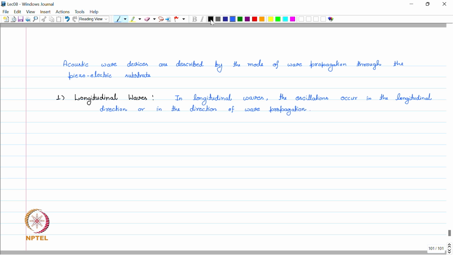So, let us say the wave is travelling in the x direction and the atoms of the material are oscillating in the same direction.